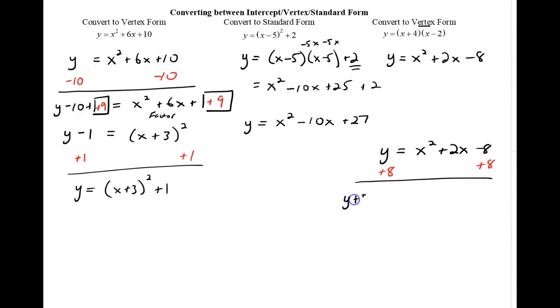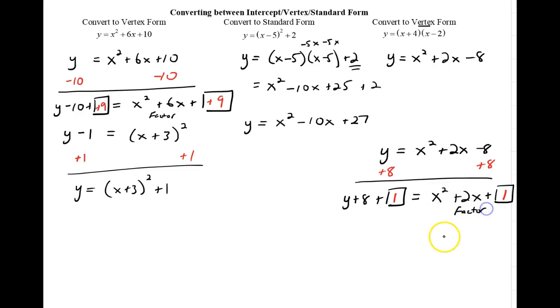So y plus 8 plus the square equals x squared plus 2x plus the square. So we take half of 2, square it, so we're going to add 1 to both sides. So now we factor the right side.